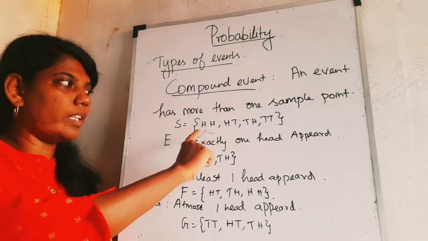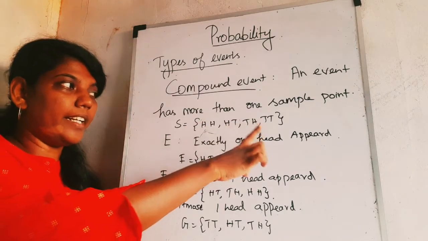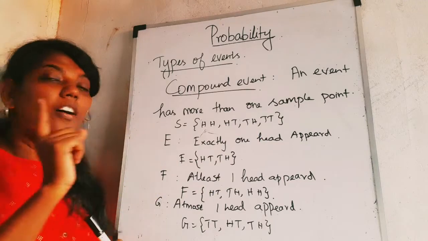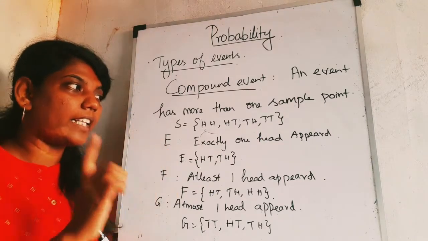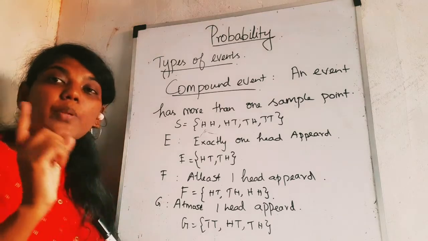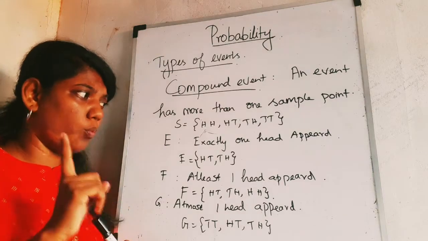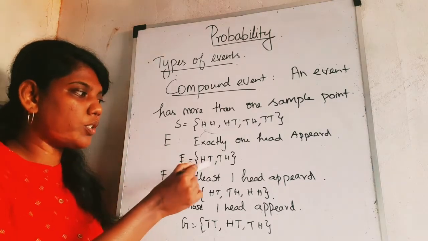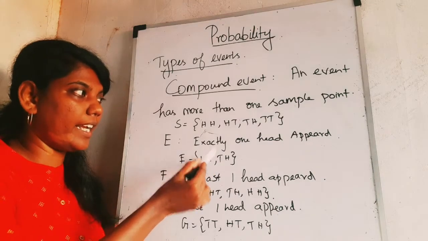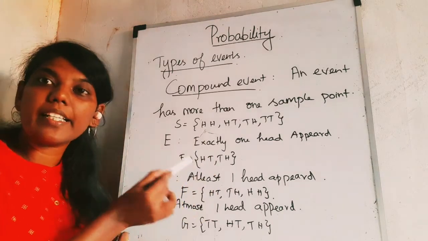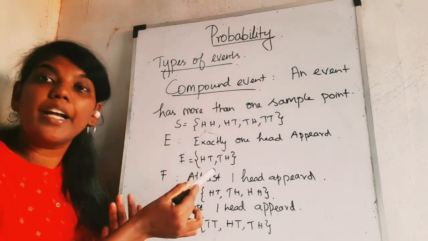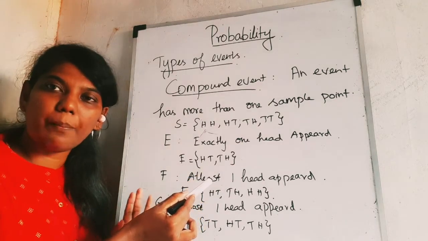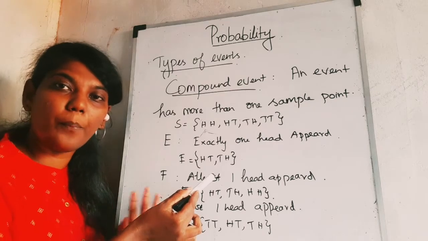The sample space will be head head, head tail, tail head, tail tail. The first event E is that exactly one head appears. Exactly one head means only one head should be there, so we get 2 outcomes, head tail and tail head. Here the number of sample points is 2, so it comes under the compound event, since more than one sample point appears.